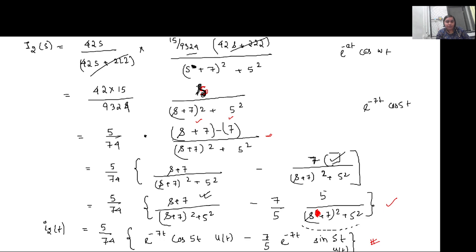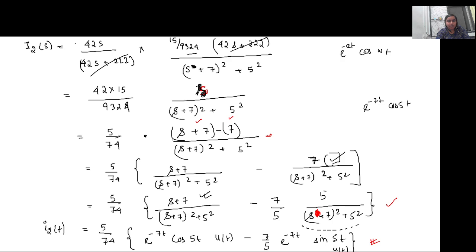Now we have to simplify this term which is inside the bracket in terms of cos A cos B, so that we write it in terms of cos of something plus something, or sine of something plus something. So how are we going to do that? Let's first simplify: take out u of t and e to the power minus t, and write it in a more proper format.